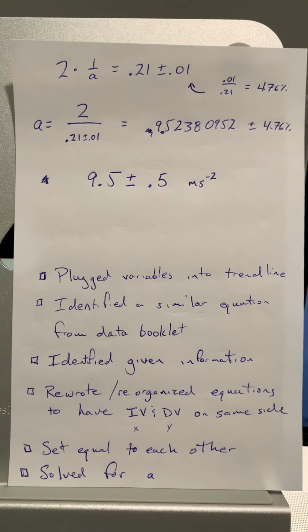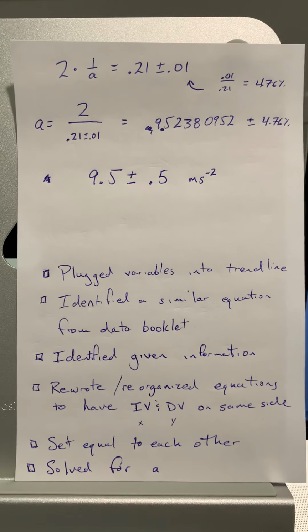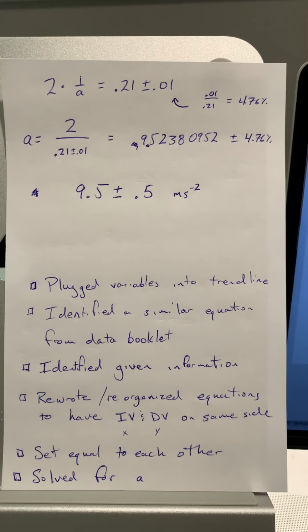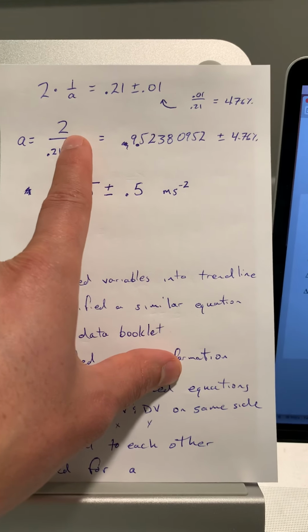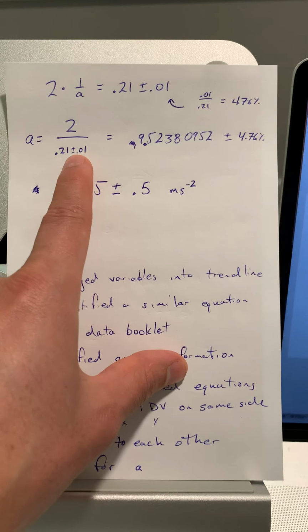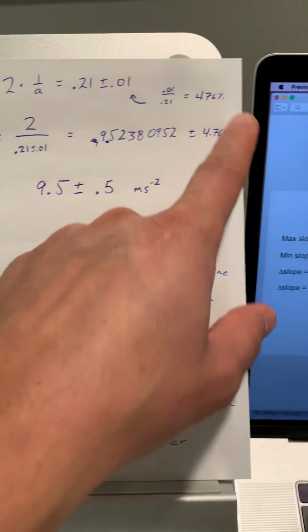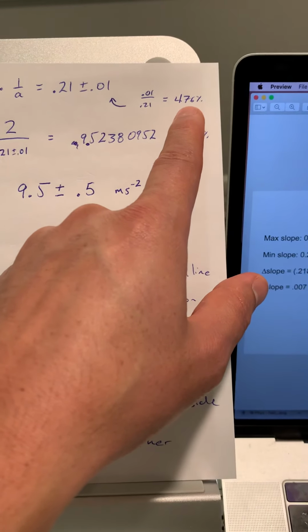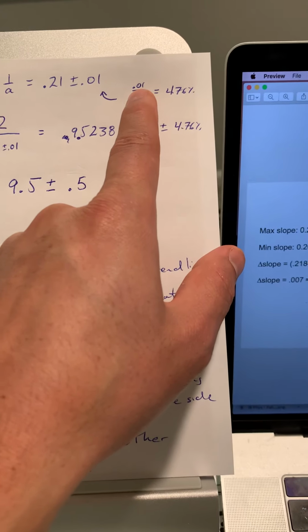So we solve for a, and we figure out that the acceleration is equal to 2 over 0.21 plus or minus 0.01. Now, given that this is now in the denominator, and also that it's just being basically multiplied by something, we need to be working with our relative uncertainty. So that should say 4.76% if I'm using the 0.01 rounded.